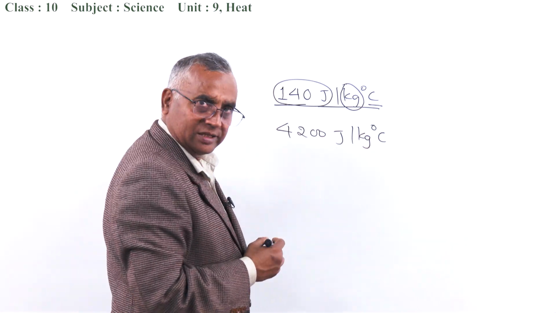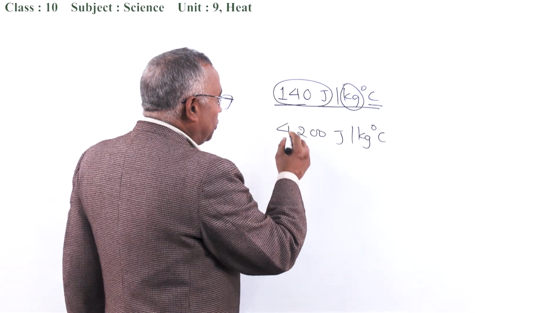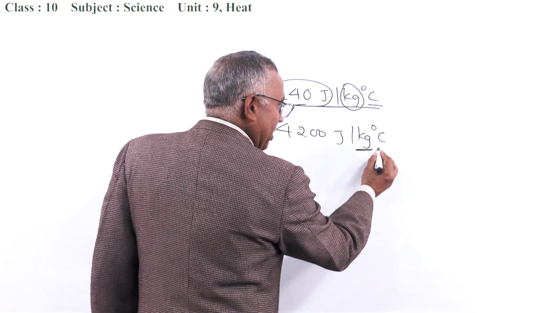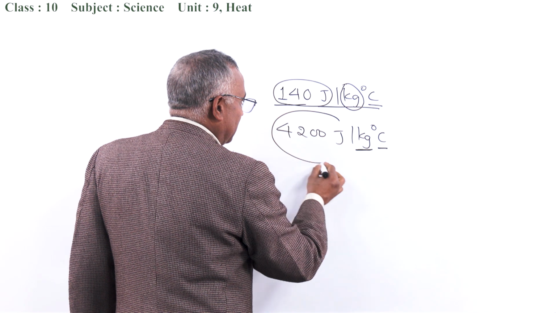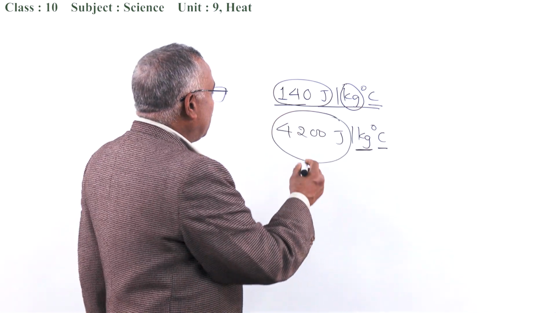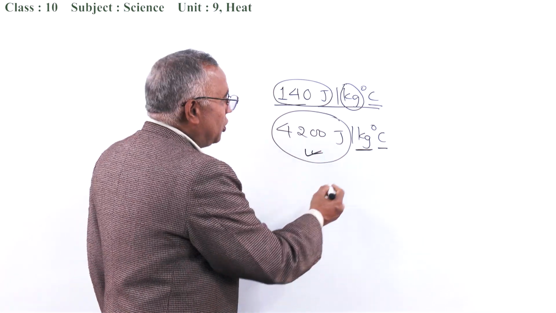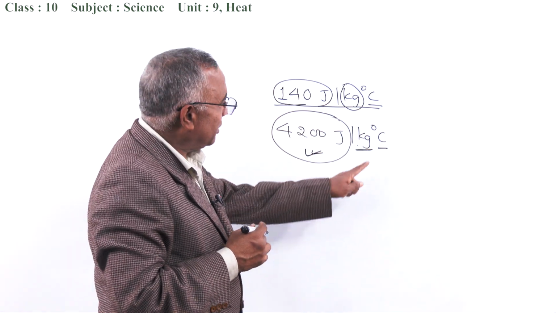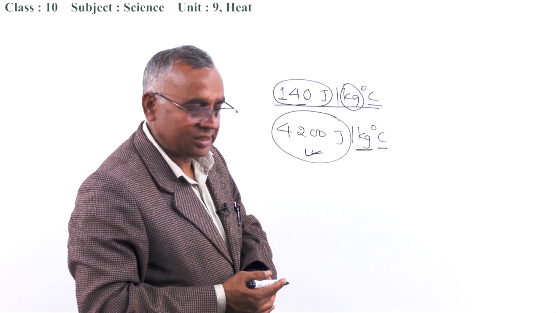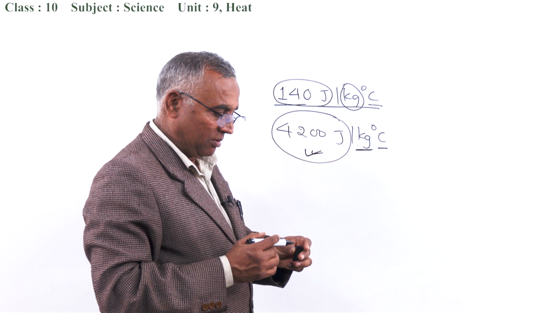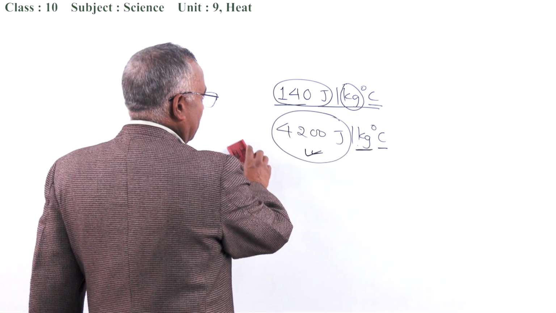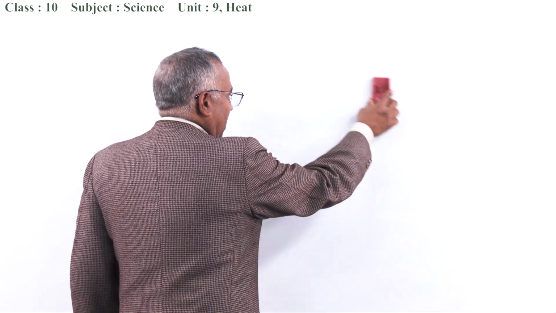In the same pattern you can say, it means that to raise the temperature of 1 kg mass of water by 1 degree Celsius, we need what amount of heat? 4200 joule heat. Or if 4200 joule heat is given to 1 kg mass of water, then its temperature is raised by what? 1 degree Celsius. So, if you have understood, you can explain it anyway. The main thing is you have to understand it.